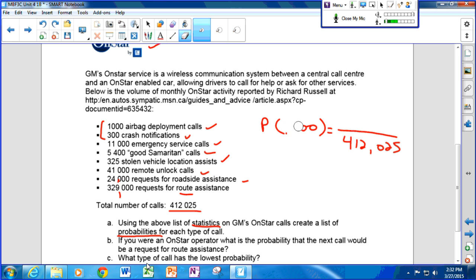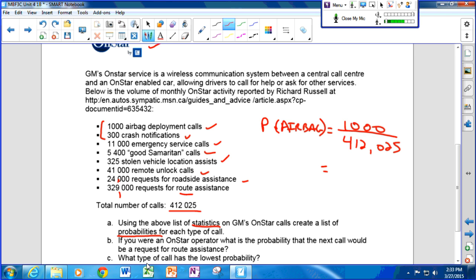The probability of an airbag deployment: it happens 1,000 times out of the 412,025 calls. 1,000 of them were airbag deployments. So now we can work out the probability of that.